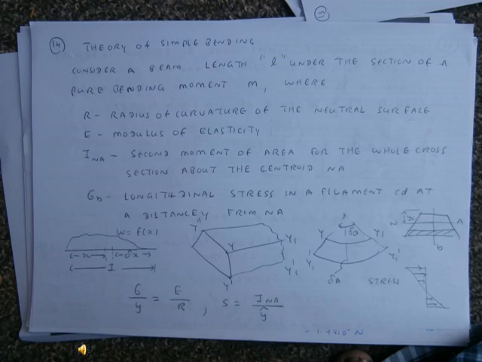So this radius is R. E is the modulus of elasticity, IN is the neutral axis second moment of area, and sigma b is the longitudinal stress. In the diagrams, on the left side we can see the bending moment diagram, and on the right side is the beam, and then you can also see the radial curvature and also the stress diagram. For this kind of moment and bending, sigma by y is equal to E by R, also M equal to IN A by y. So this is the theory of simple bending.